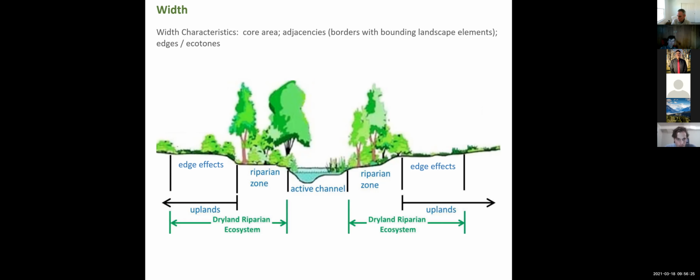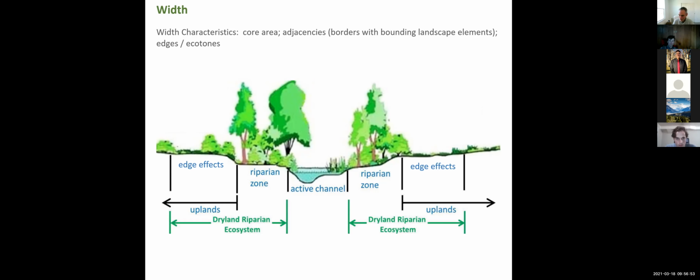The final characteristic is the edge condition, or the ecotones that are formed between the corridor and the adjacent landscape types. The wider those ecotones are, the more protection that the core landscape type will have, and the corridor can function more effectively and be a much more sustainable connection within the landscape.